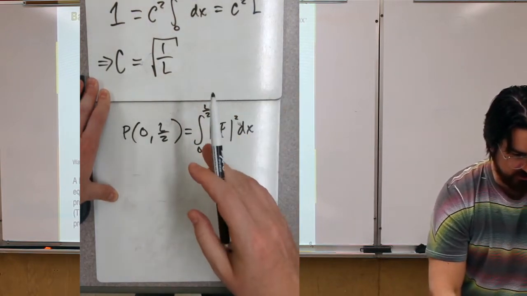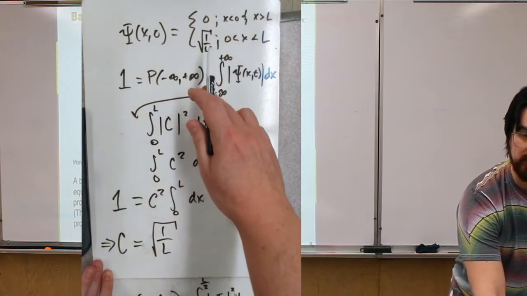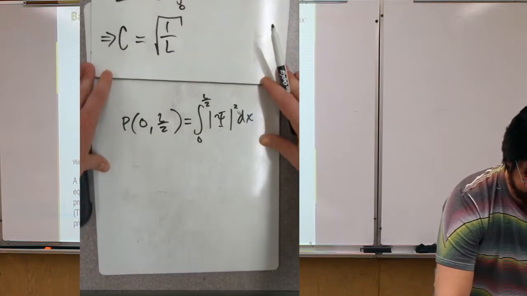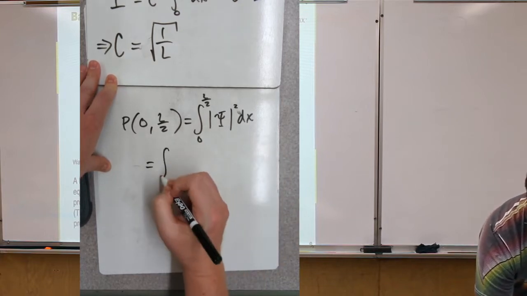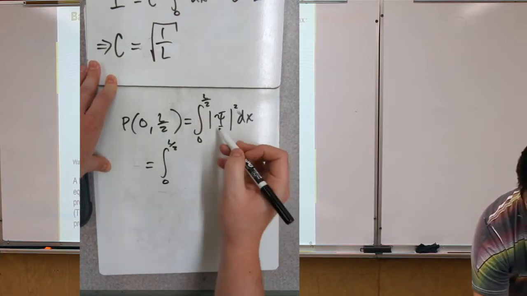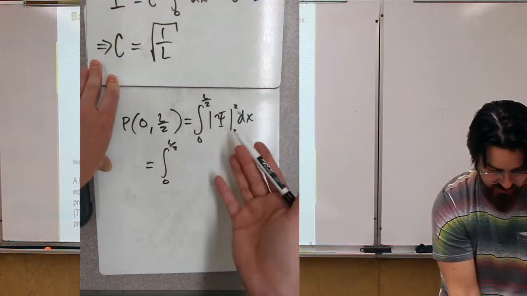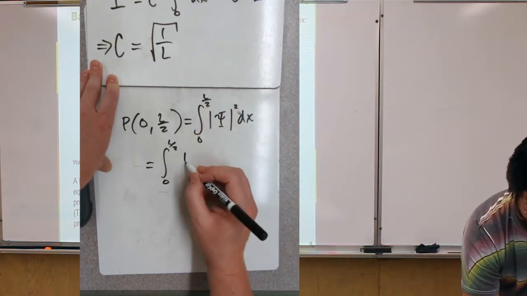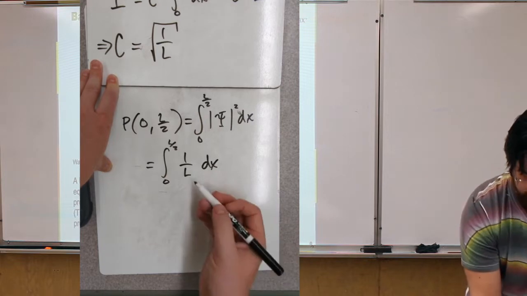But now we actually know what that form of the wave function is. It's the square root of 1 over L. So this integral looks like this, and again, it's a positive value. This magnitude's not going to do anything to it, and then the square is just going to get rid of the square root. So there you go, that's the integral.